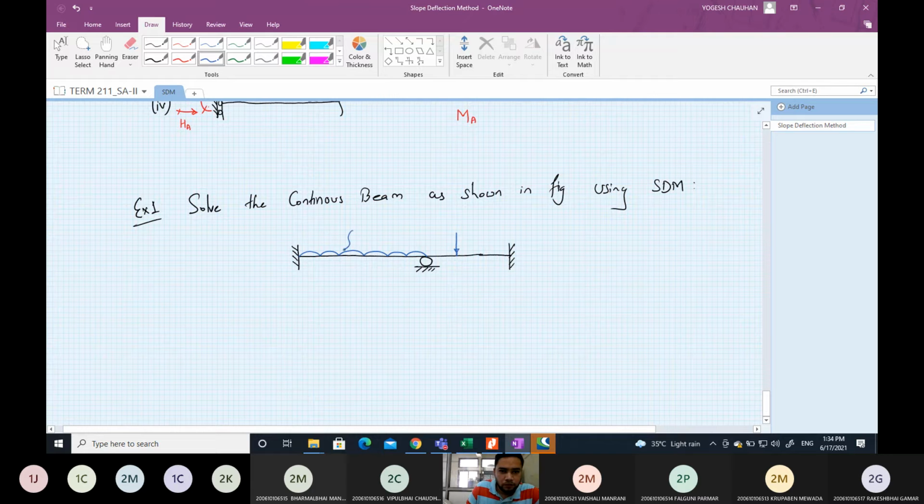The intensity of the UDL is 15 kilonewton per meter and the intensity of the eccentric point load is 80 kilonewton.